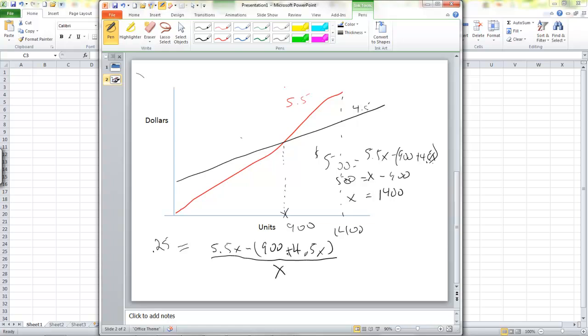That's going to be the average profit per unit. If we solve that out, we can multiply both sides by x. And that's going to be x minus 900. And when you solve for that, you end up with 900 is equal to 0.75x. Divide both sides by 0.75, and you should get 1,200 units.